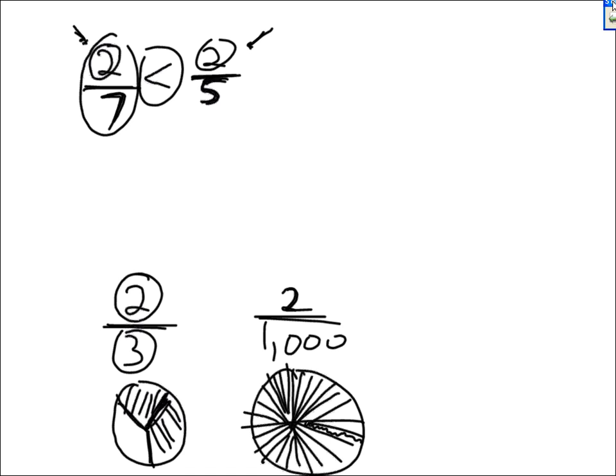This one and this one. Or they bought a pie that was cut into 1,000 pieces, and they just ate 2 of them. Of course, the 2 out of the 1,000 is going to be smaller. And I put the arrow to it. The 2 over 7 is smaller, because I'm dividing the 2 into 7 pieces as opposed to 5.